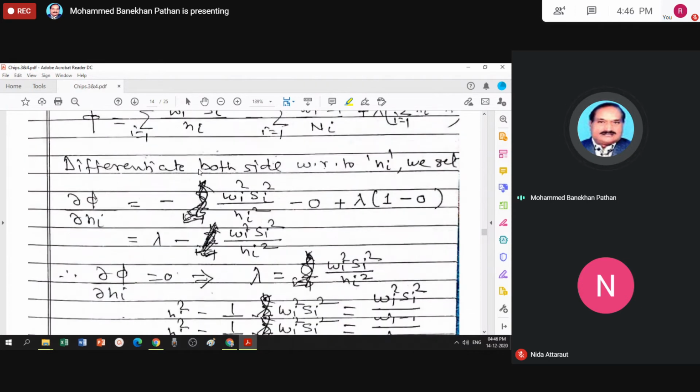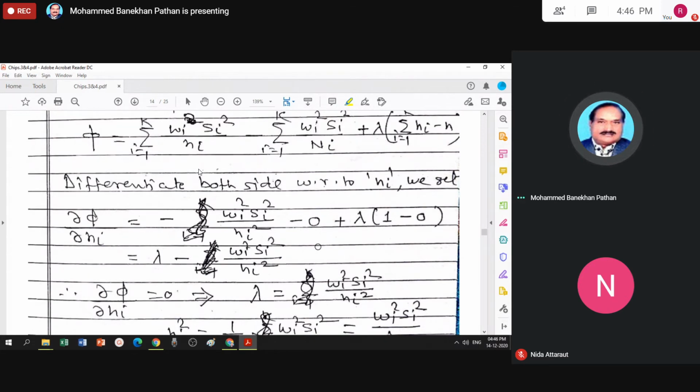So I write, differentiate both sides with respect to ni, we get dabba phi upon dabba ni. We have two types of differentiation. One is total differentiation, another is partial differentiation. When I write a dabba, it is a partial differentiation.